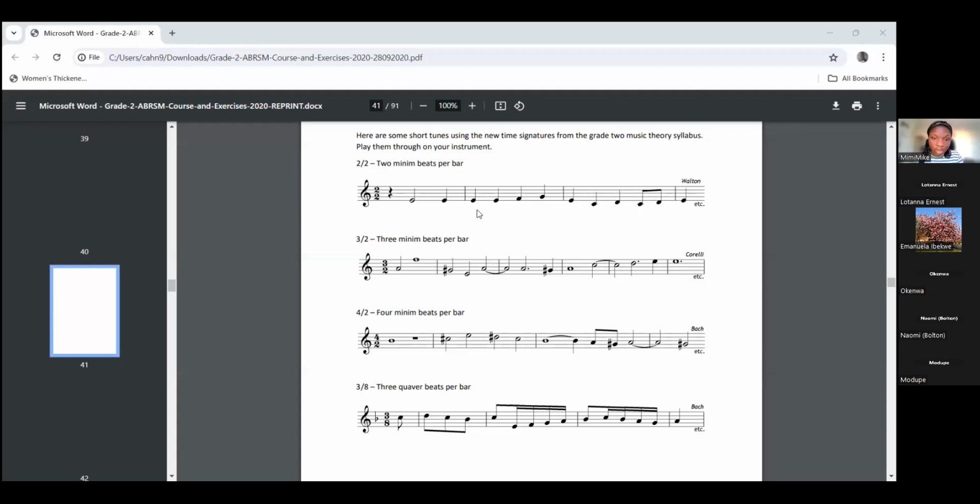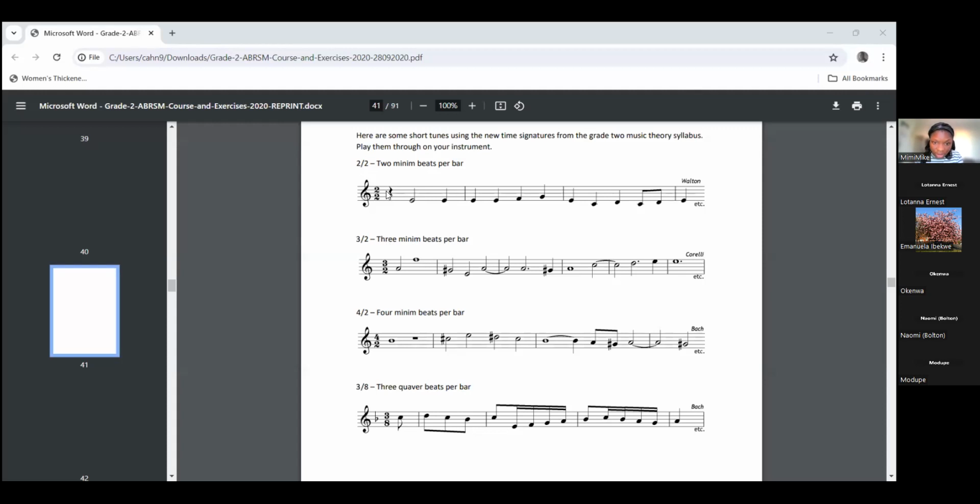Okay, thank you. These are other examples to flesh out what we've talked about so far. Like we said, the 2 means 2 minim beats per bar. If you look at this bar, this is a minim, and this sign is a crotchet rest.